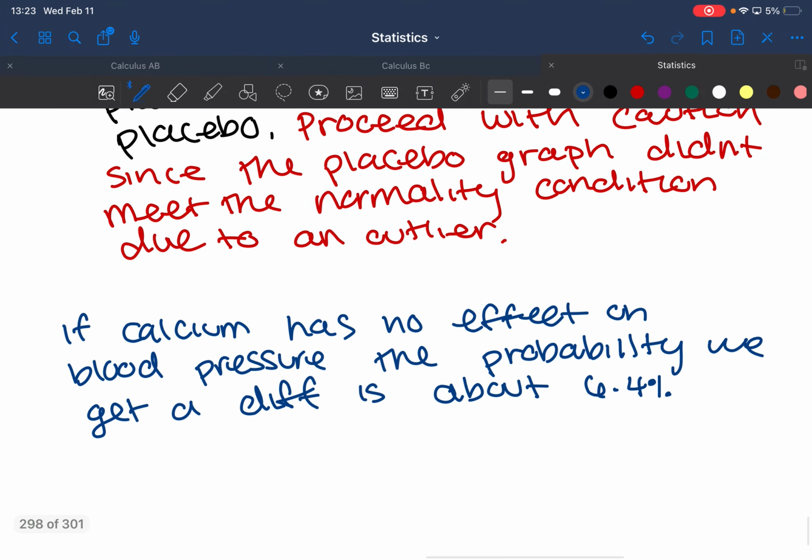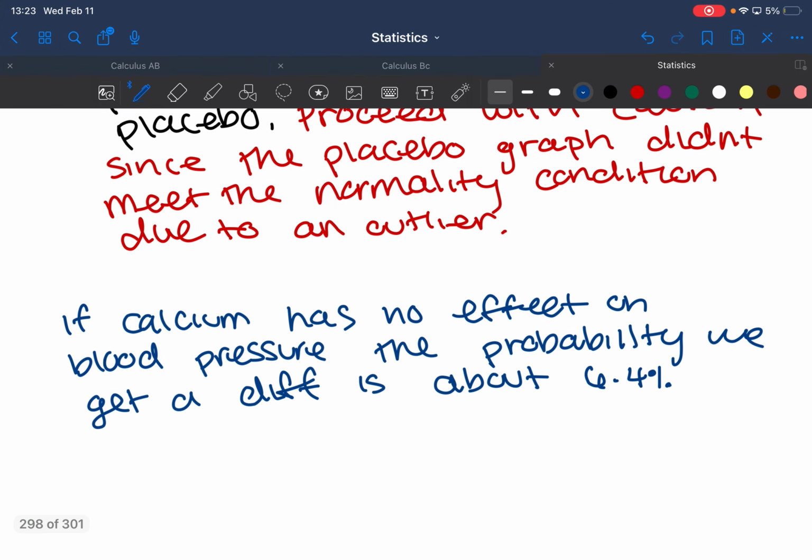Okay. If it is a matched pair, okay, and it will say it in the problem, it will say a matched pair design. Then you choose a t-test, and instead of using 2 lists, you're only using your difference list. And then deciding if it's a confidence interval or a significance test.